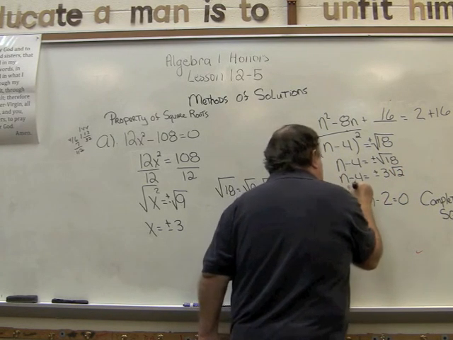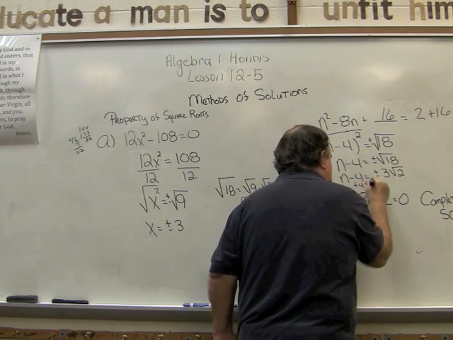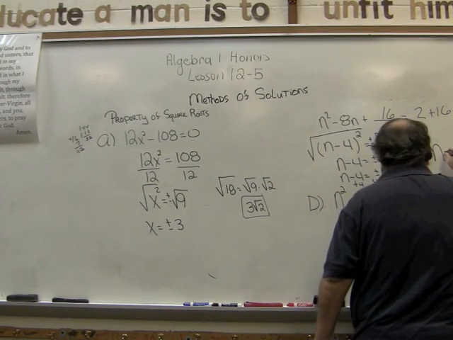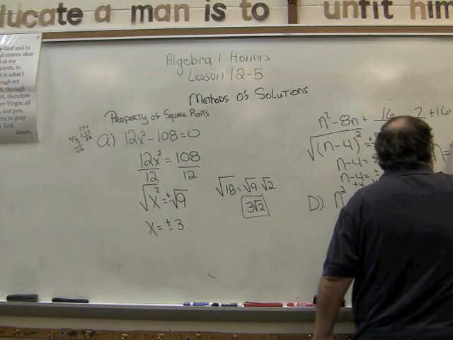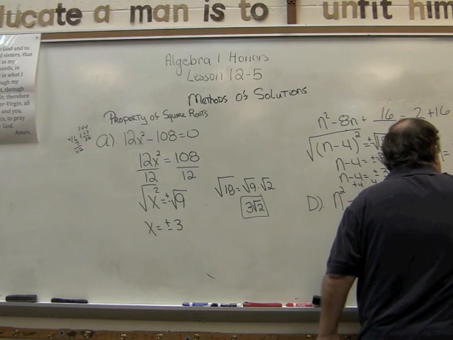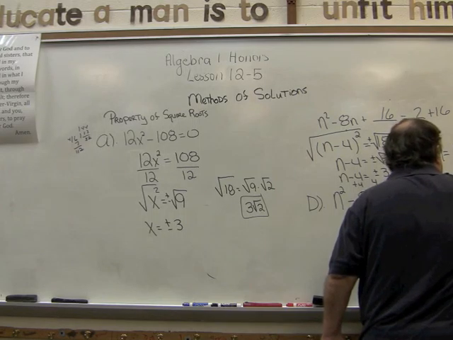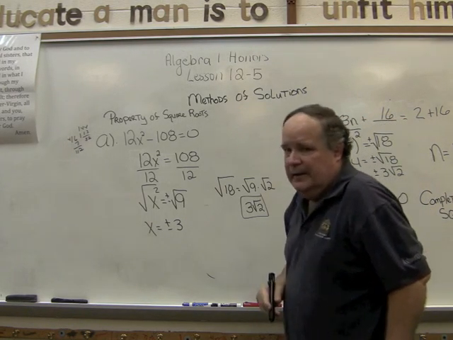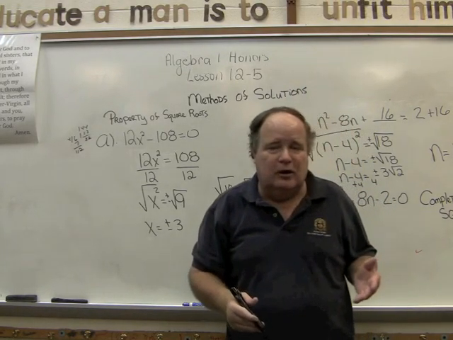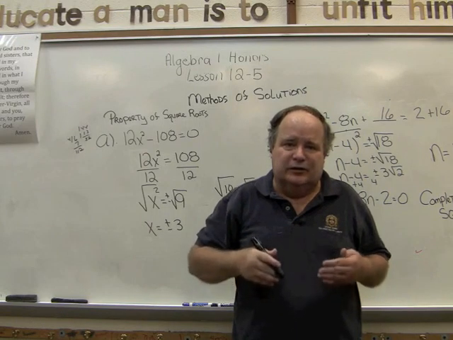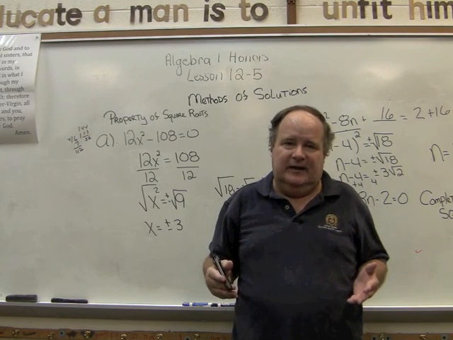Now I'm going to add 4 to both sides, and my answer for n is going to be n equals 4 plus or minus 3 times the square root of 2. Okay, and this method is called completing the square. And as I said before, lesson 12-5 just wants you to be informed, wants you to know that there's more ways to skin a cat. Okay?